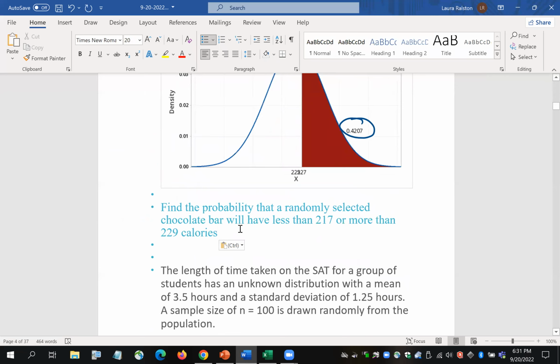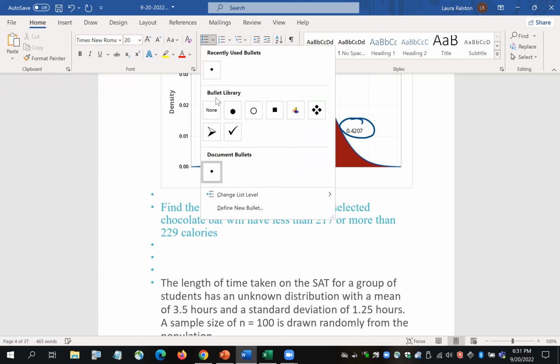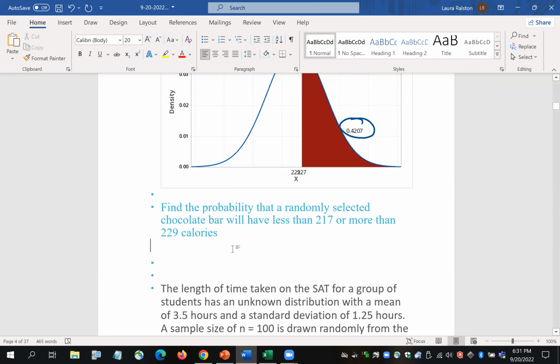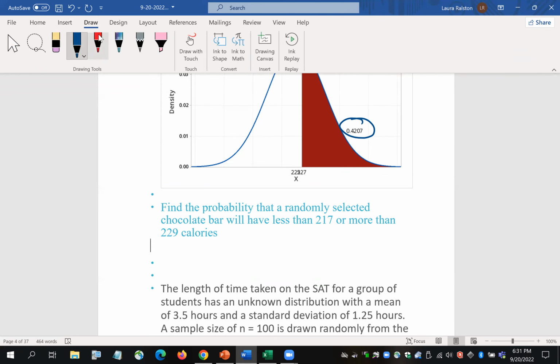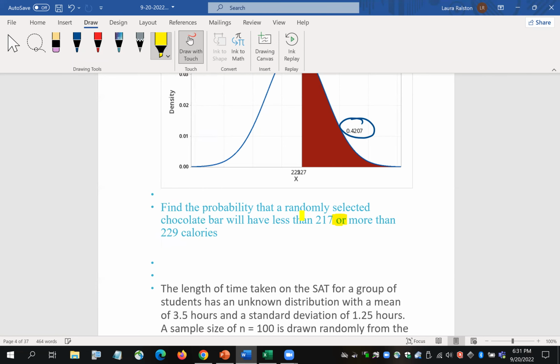Okay, so it says find the probability that a randomly selected chocolate bar will have less than 217 or more than 229. Okay, so this is an or.